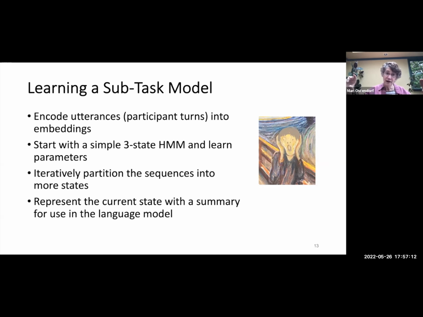And so you can start from a simple begin, middle, end hidden Markov model and learn the different sequences and alternative path structures that people go through in problem solving, which is basically iteratively partitioning the sequence space into different states and growing the model to learn the details of the task. And then how do we do this in language? You can represent the current state with a summary for use in that language model.